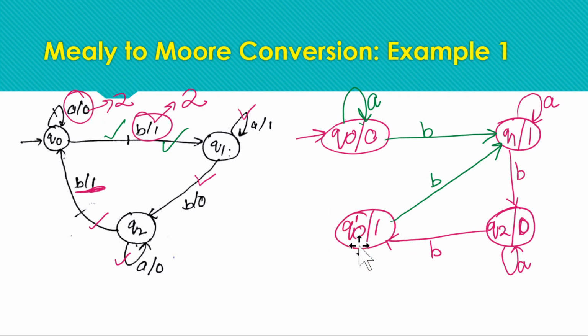We also need to draw the transition from the other Q0 to this Q0 to receive the output 0 for input symbol A, because we can also have input symbol A at Q0 with output 1, and Q0 is supposed to generate output 0 for the transition of A. So we are moving to the Q0 with output 0.